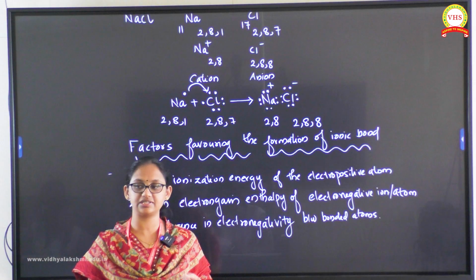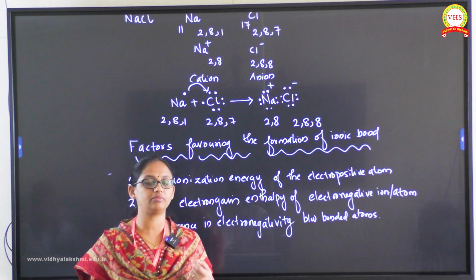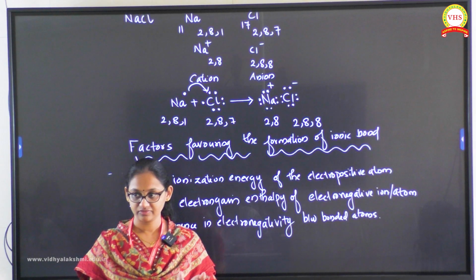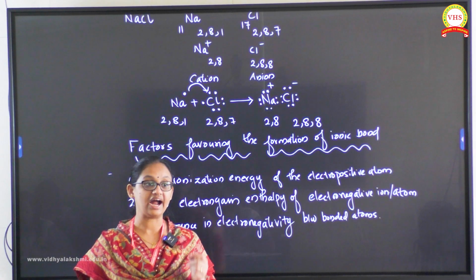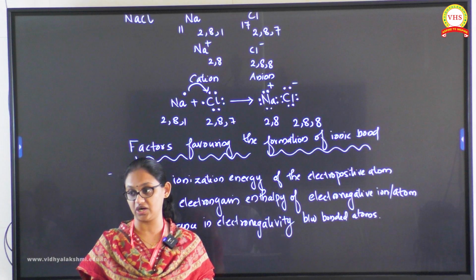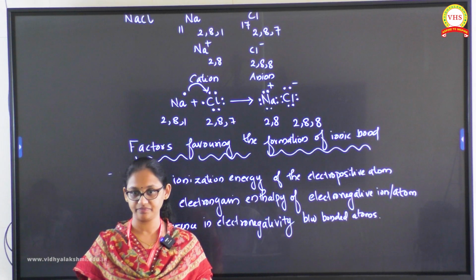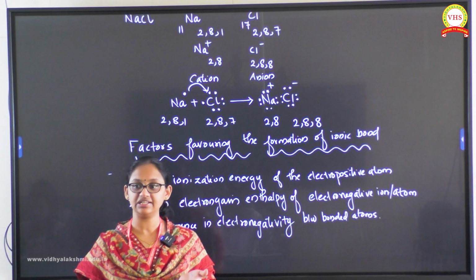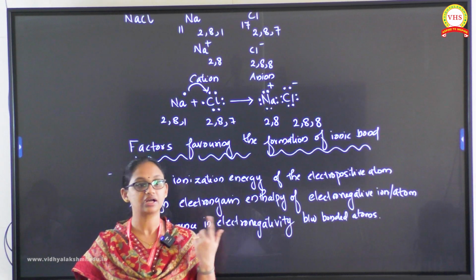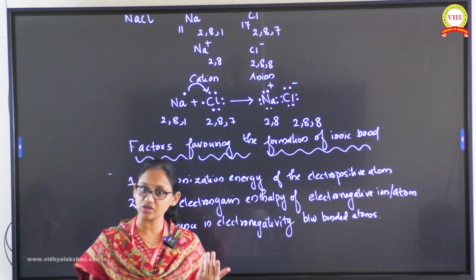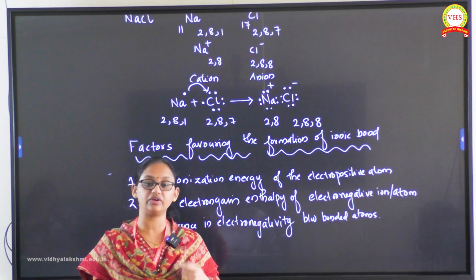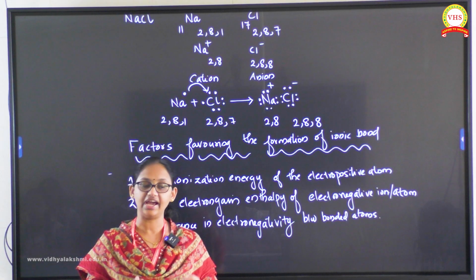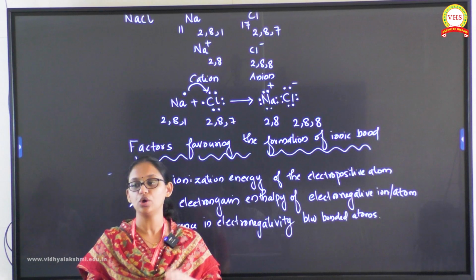Electron gain enthalpy means the energy required to gain an electron. The tendency to attract the electron pair is called electronegativity. Atoms with more tendency will accept electrons compared to others. In the case of NaCl, which one has more electronegativity? Chlorine. So chlorine will accept the electron and sodium will give electrons to the chlorine atom.